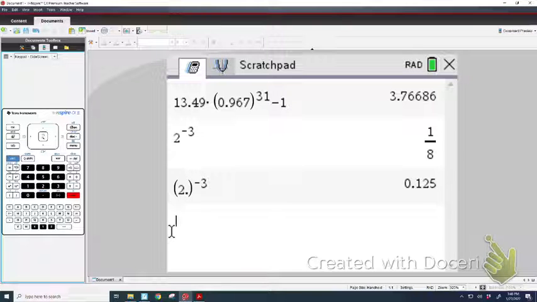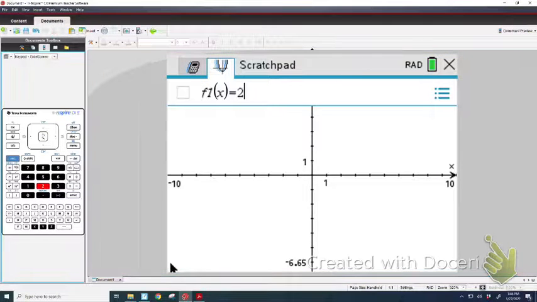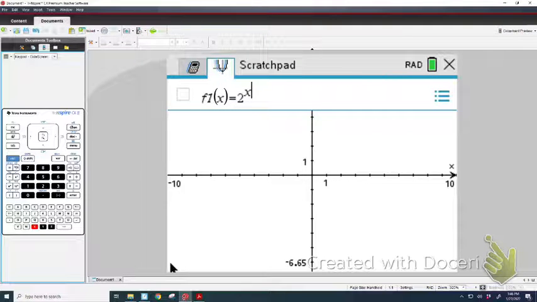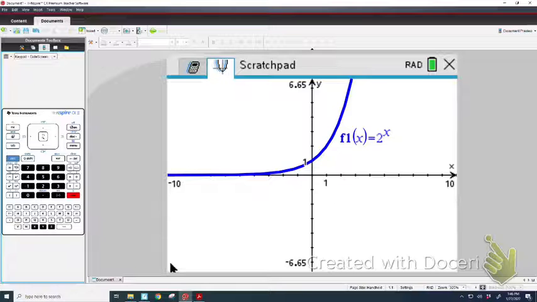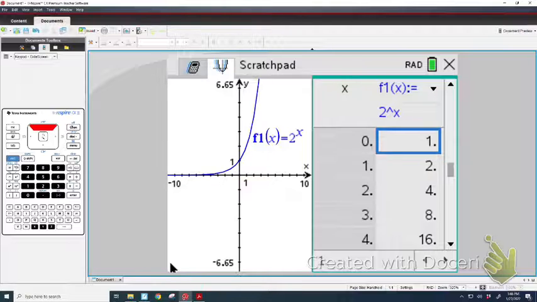An even faster way is to click on your graph. Let's type 2 to the x power. And there's a picture of what we're about to graph, and then press Control T, and you have an infinite table.